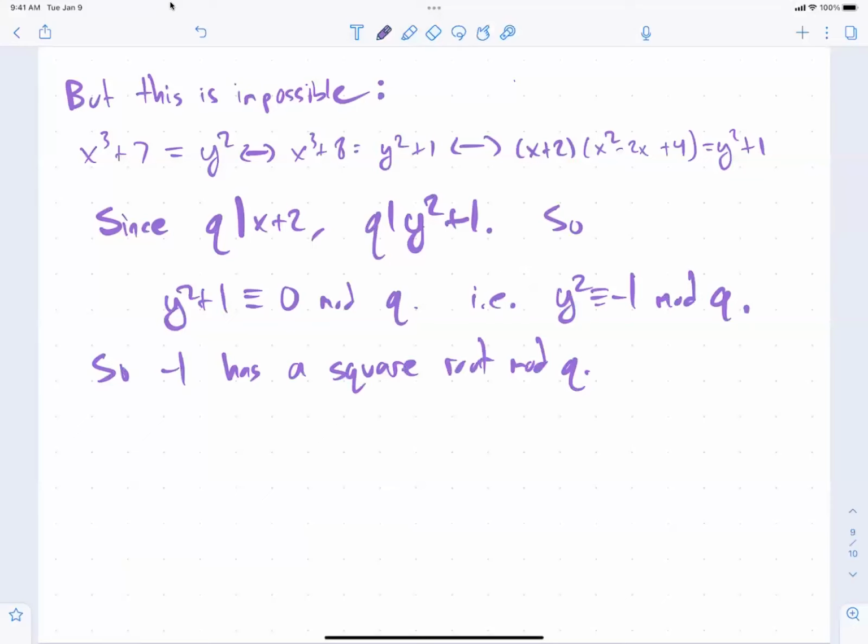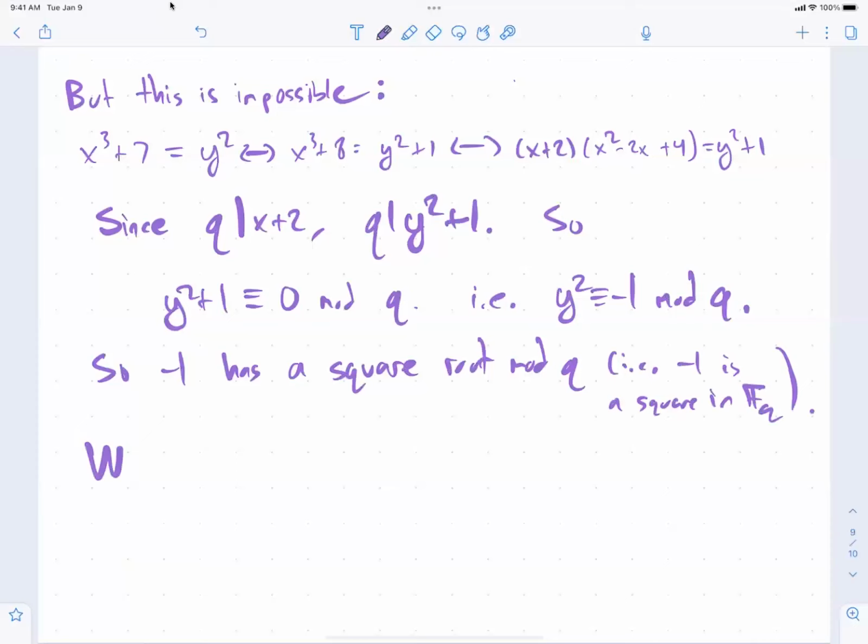There's something that squares to it, mod q. Another way to say it is -1 is a square in the field with q elements. Remember, working mod q is basically the same as working in the field with q elements.